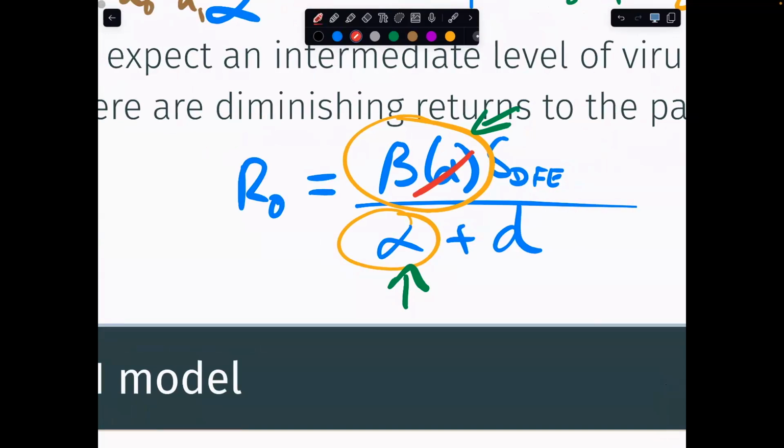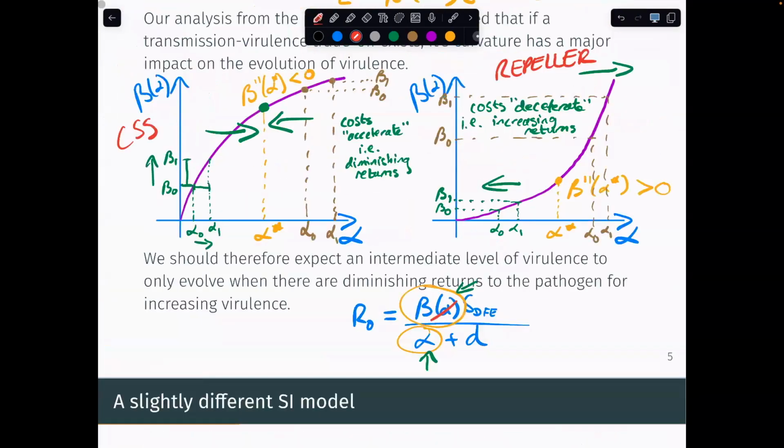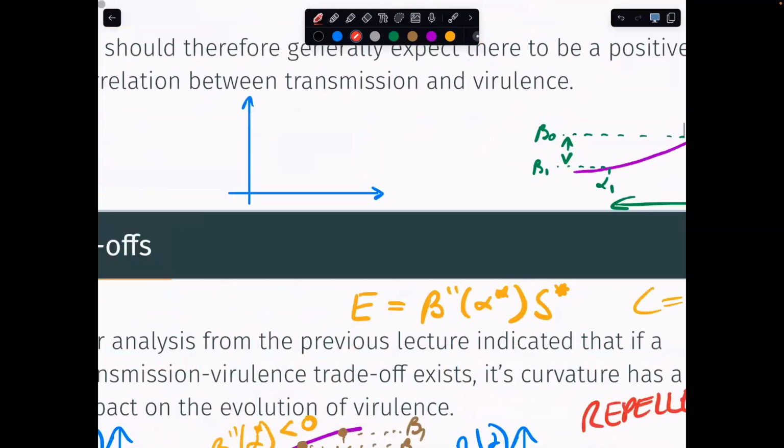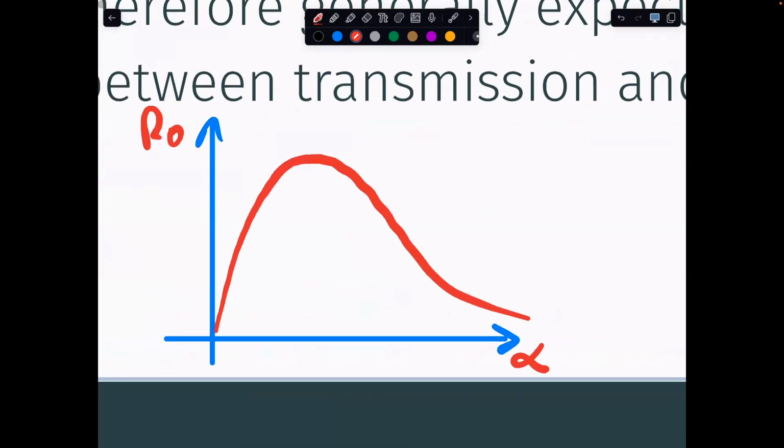But if beta is a function of alpha, then you might have a situation where beta increases with alpha. Your R naught, if you were to then sketch it out versus alpha, would end up looking something like this, perhaps. And people said this with COVID, for example: "Oh, don't worry, it will evolve to be less virulent because pathogens don't want to kill their hosts."